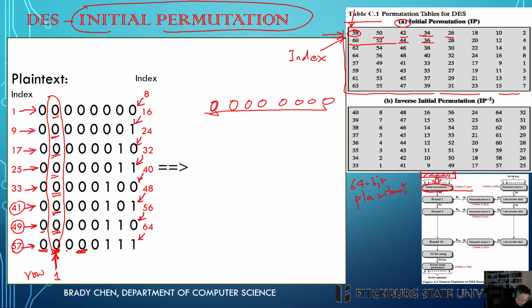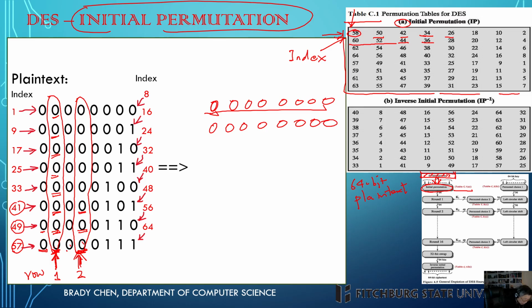Now what's 52? You will find 52 is this. 44 is this. So eventually you will find that the second row after the initial permutation will be this column. It's column 4. They are all 0.